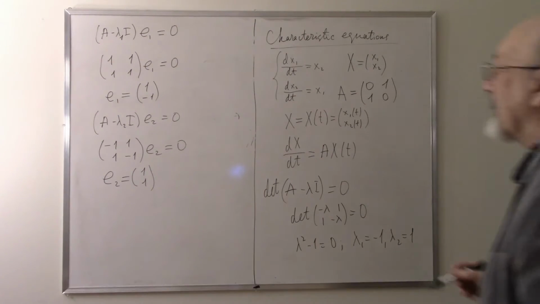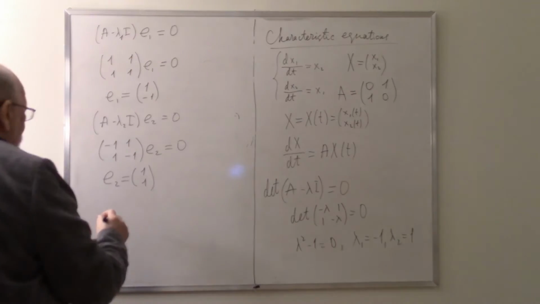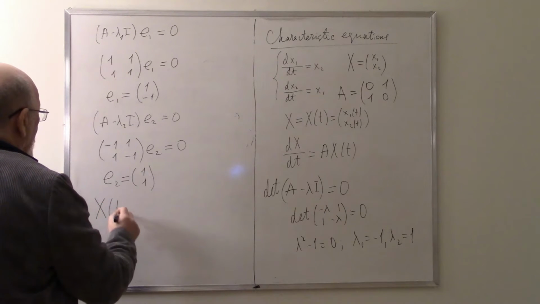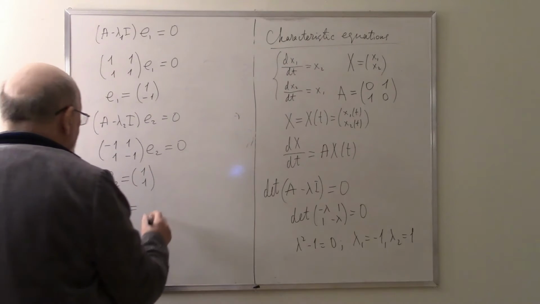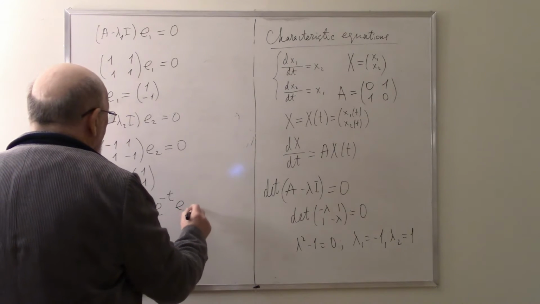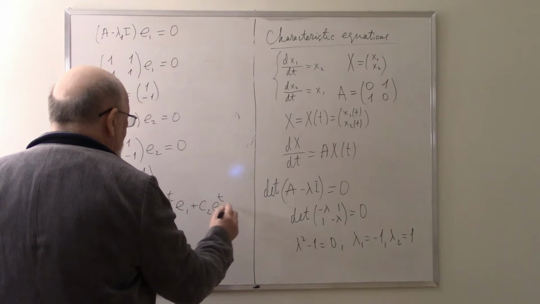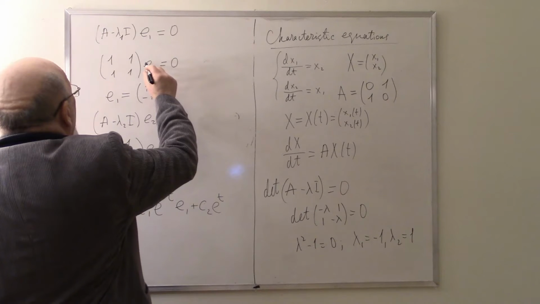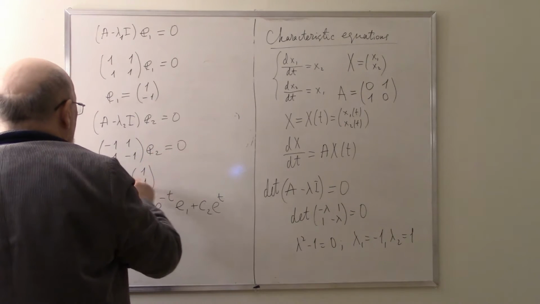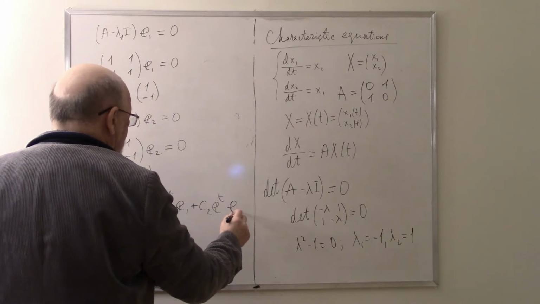So now lambda 1 is minus 1, lambda 2 is 1, and so we can write a general solution: x of t equals c1 e to minus t E1 plus c2 e to the power t E2. These are vectors.